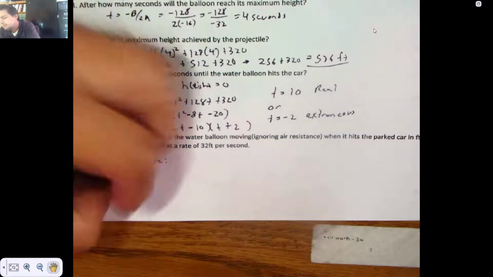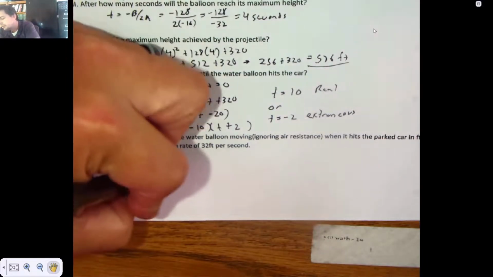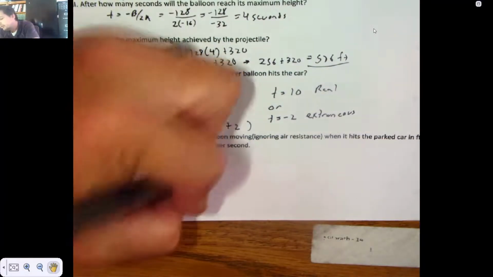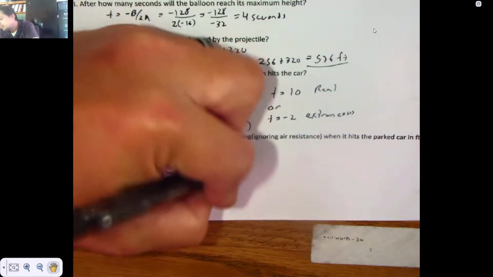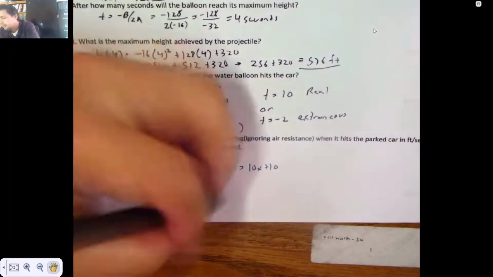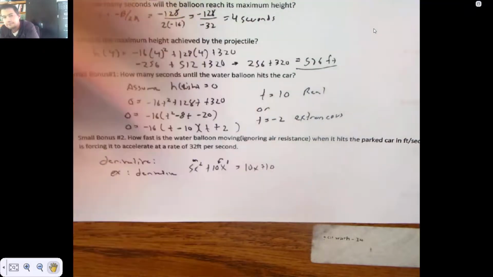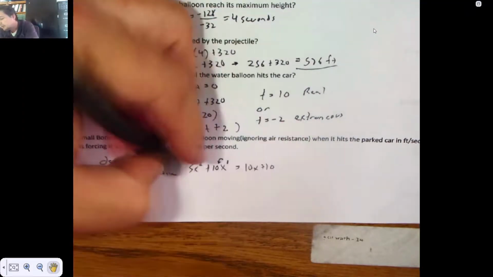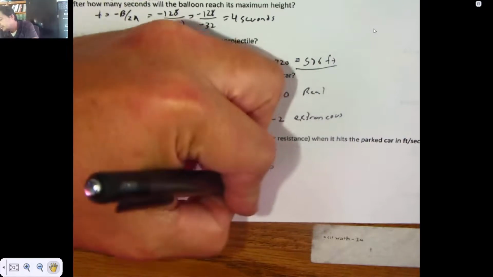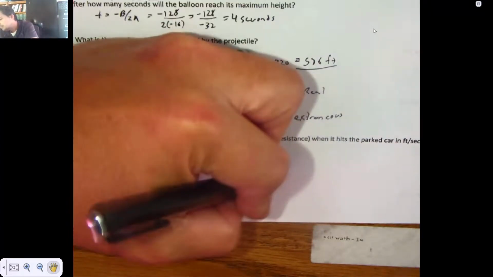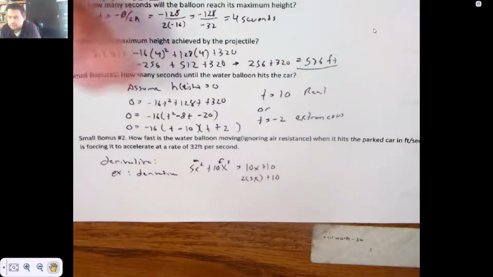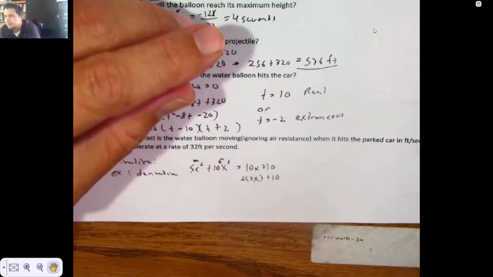So here's an example. The derivative of 5x to the second plus 10x is 10x plus 10. What happened here is I did 2 times 5 and 1 times 10. And what you do is you decrease the exponent. It's been a while since I wrote down this rule.